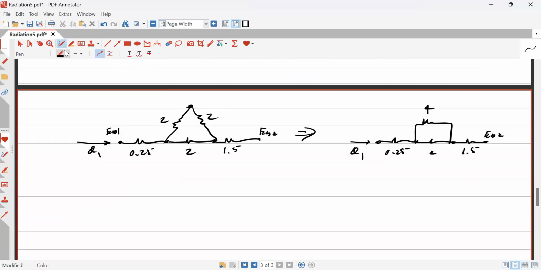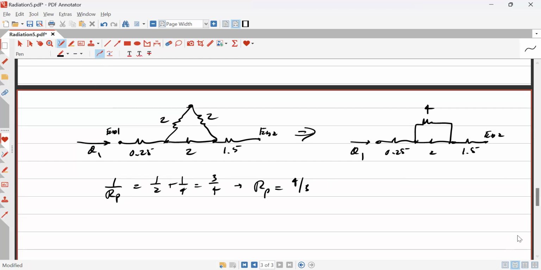We can examine the resistors in parallel. So we'll say 1 over R parallel is going to be 1/2 plus 1/4, which is going to be 3/4. So our parallel resistance is equal to 4/3.